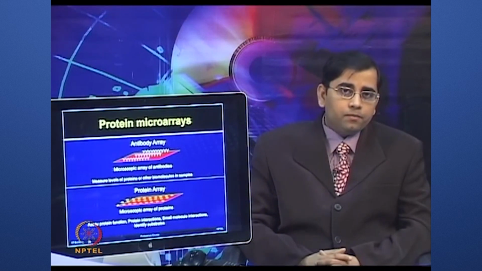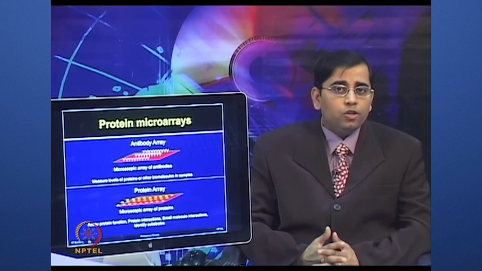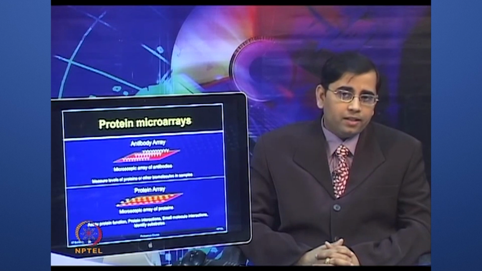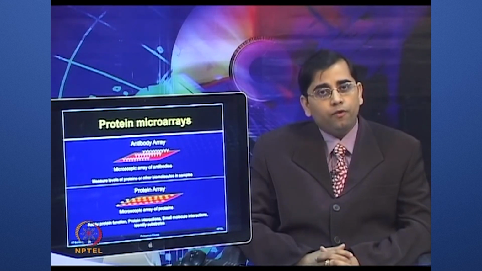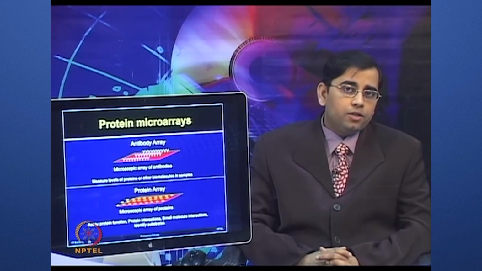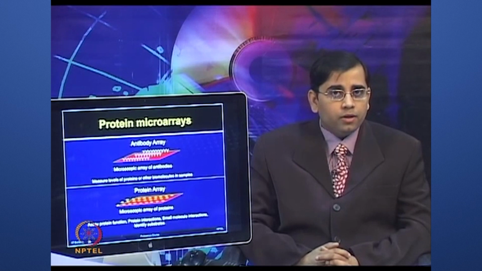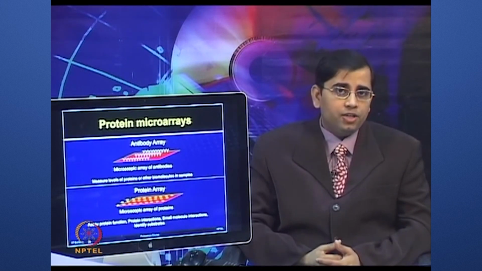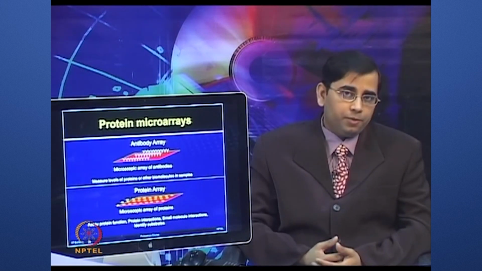Antibody arrays print thousands of antibodies on the chip surface, and are used for measuring the level of proteins or other biomolecules in different samples to compare control versus experimental conditions for protein expression.